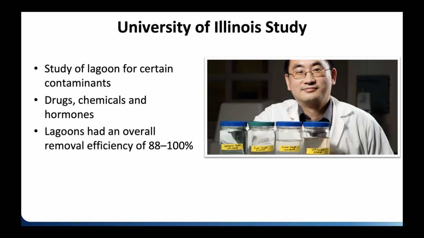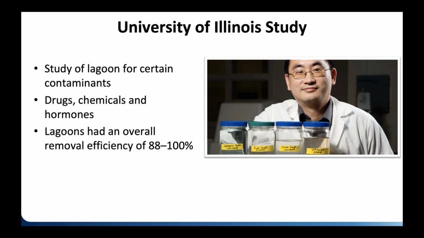So quick, there was a study done by the University of Illinois. This is yet another reason why lagoons do better. It looked at different contaminants such as drugs, chemicals, human hormones, things that are finding their way into wastewater systems that are being studied now for how they impact the downstream environment, you know?